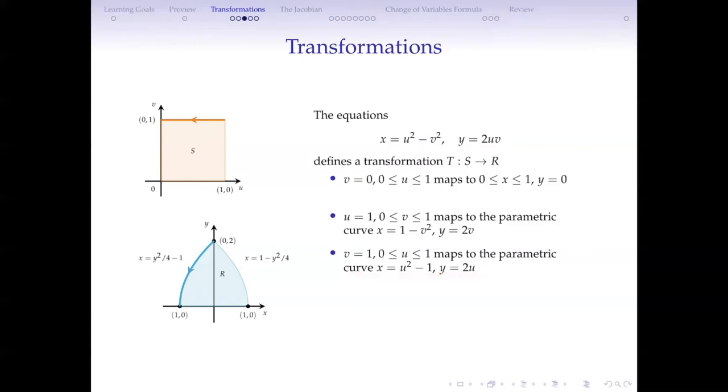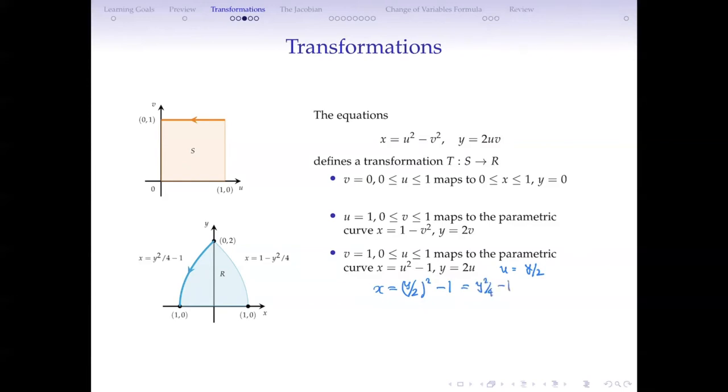The easiest way to eliminate the parameter is to use the second equation and write u, the parameter, as y over 2. And so I see that this new curve is x equals (y over 2) squared minus 1, or y squared over 4 minus 1.